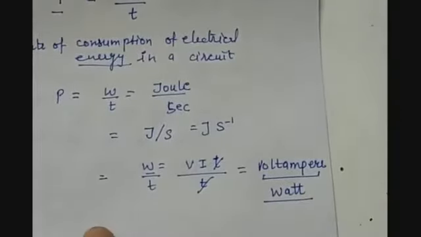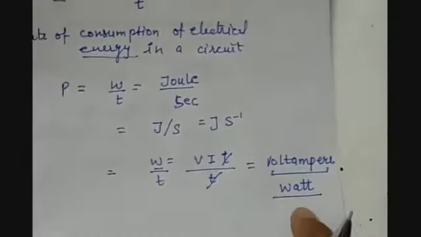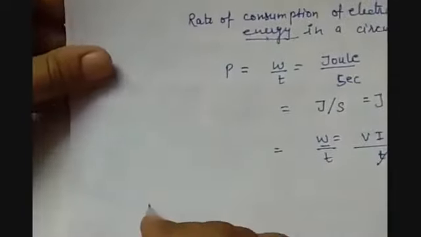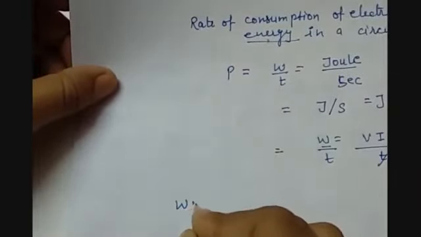So the SI unit of power is watt. You can also write it as W.